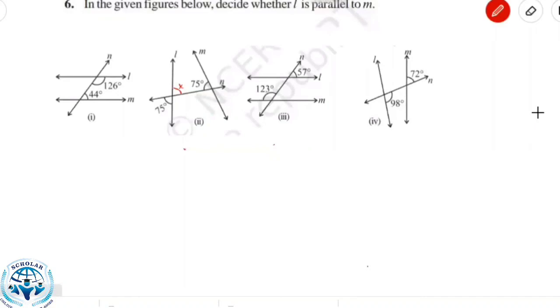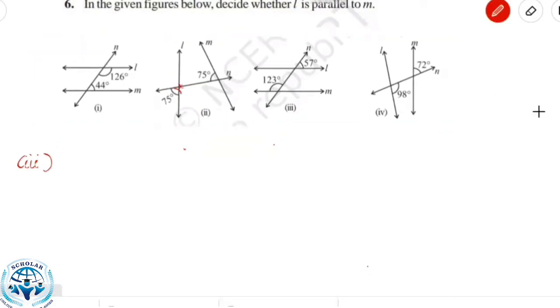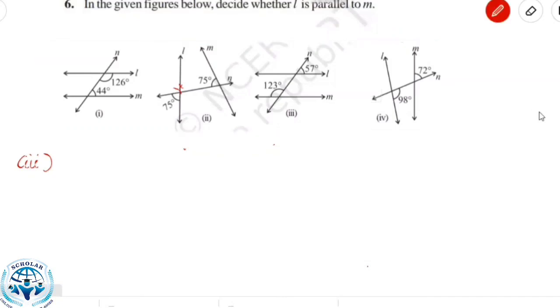Let's find out in the third one. We have to find out the unknown angle. This angle is equal to 57 degrees. Suppose this angle is X. X is equal to 57 degrees as both are vertically opposite angles.